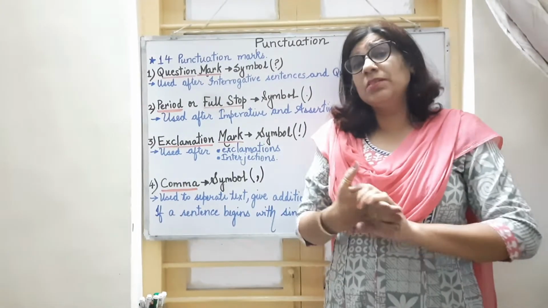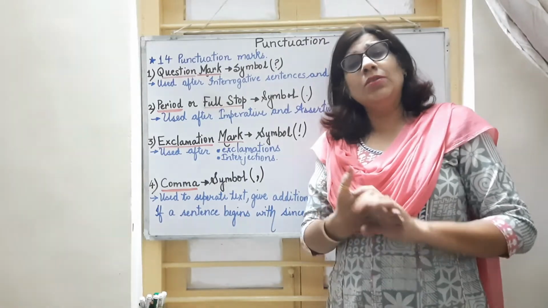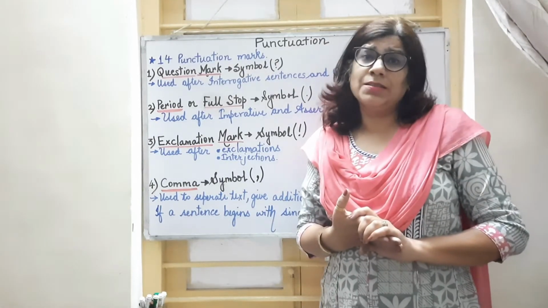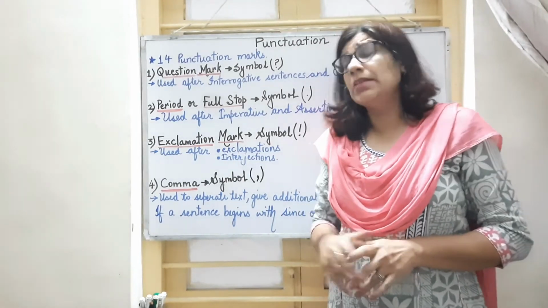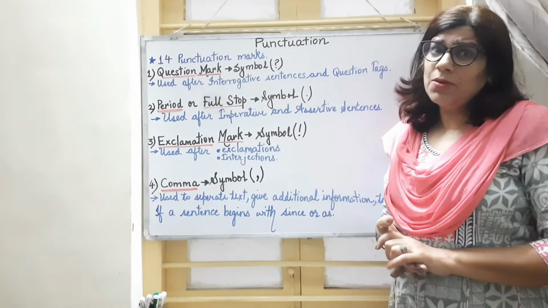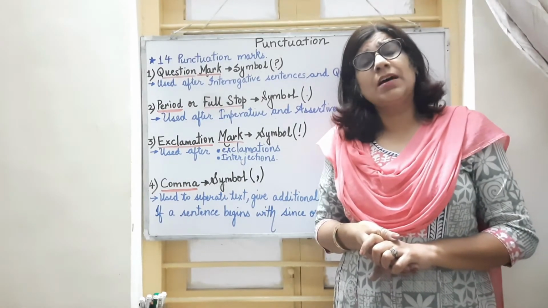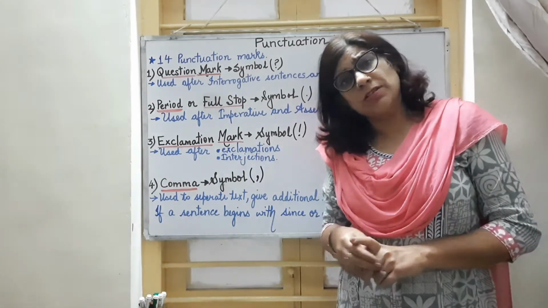Questions where we are using words like what, which, where, when, how. All these words we are using and we are asking something. Those are interrogative sentences. For example, how are you? What is your name? All these are interrogative sentences. At the end of all these sentences, we are going to use a question mark.